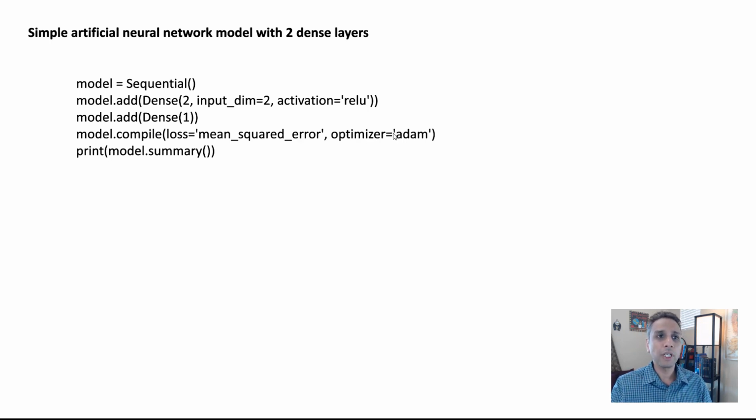And the optimizer we are using is called Adam in this case. The optimizer can be, you probably hear the term stochastic gradient descent and so on. Optimizer is basically the algorithm that updates the weights based on the mean squared error. So let me put it this way.